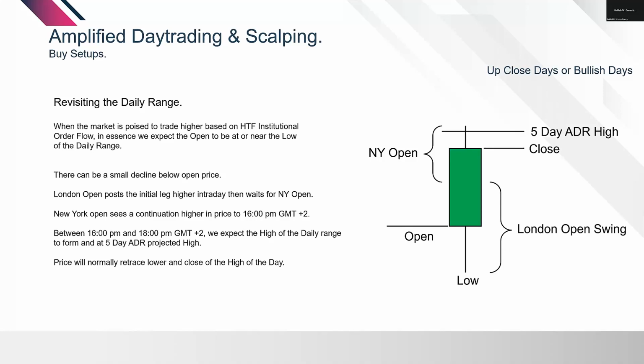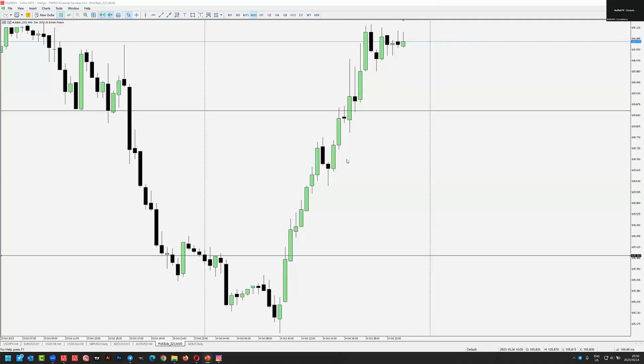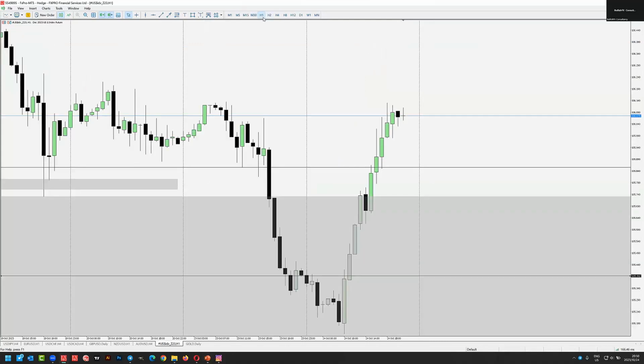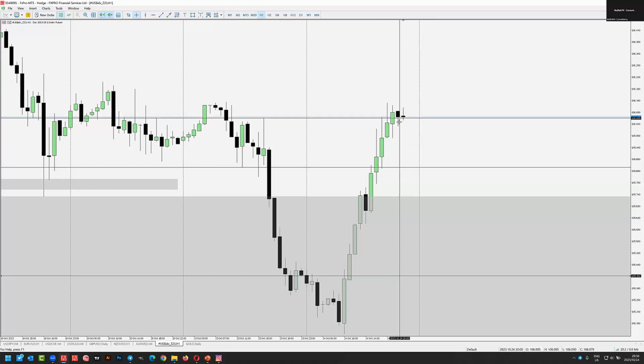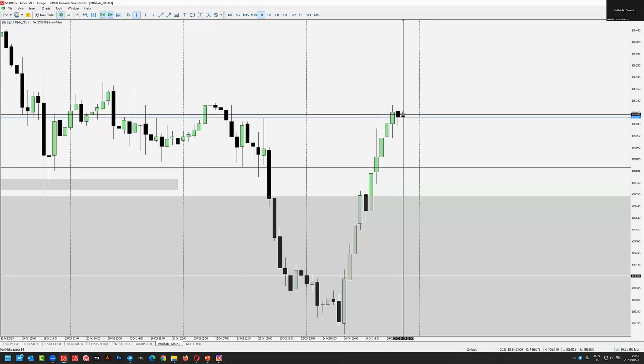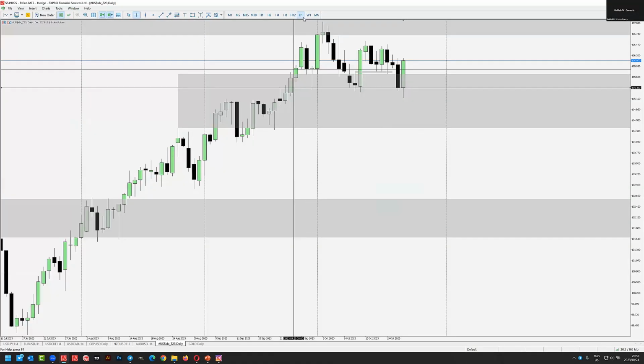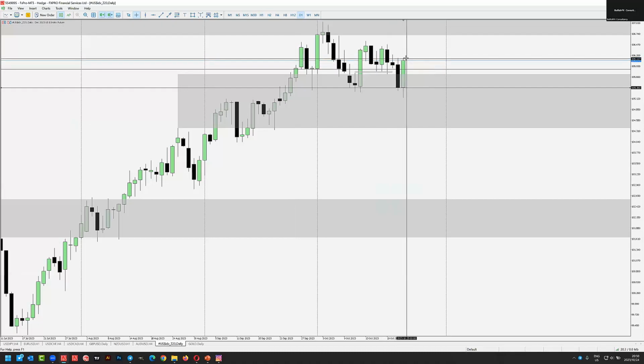Price will normally retrace lower and close off the high of the day. So after 6 p.m., you're going to see the market trying to retrace to the downside, just like what we are seeing now on dollar index. This is the 6 o'clock candle. We now have 2 bearish candles on the hourly chart. But if you go to the daily candle, there's now a wick.